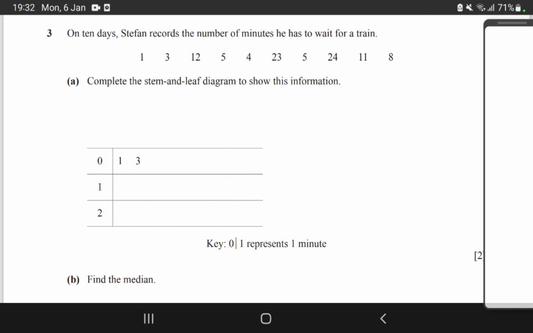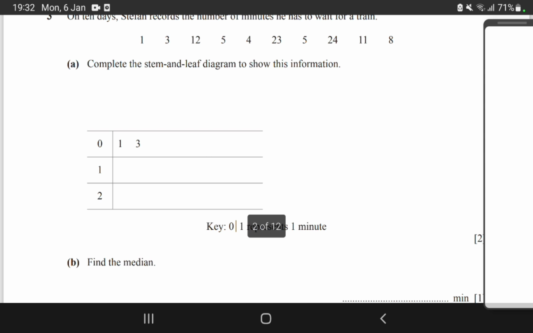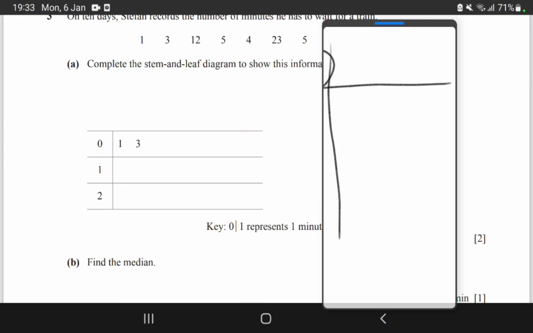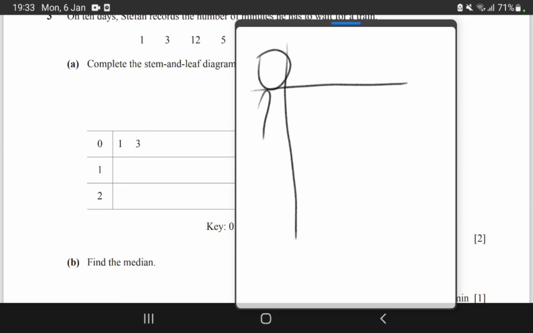To solve this question, we need to complete the stem and leaf diagram. So here we have the stem and leaf 0, 1, 2.